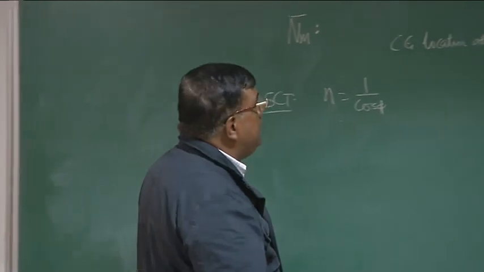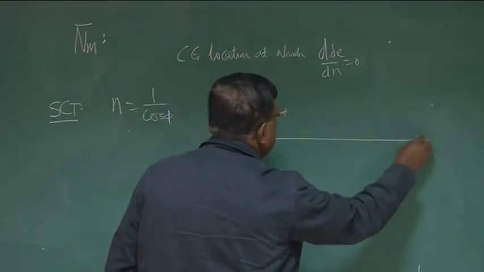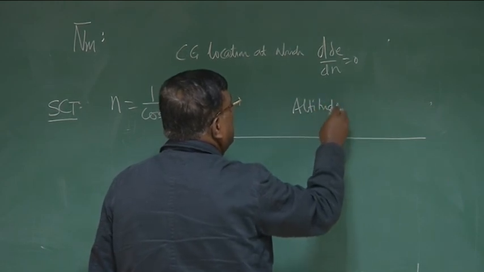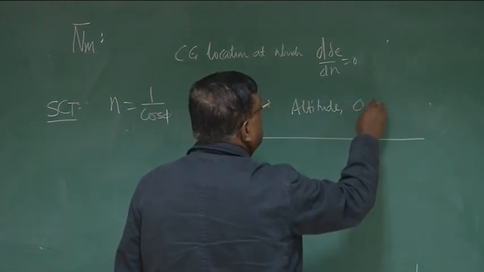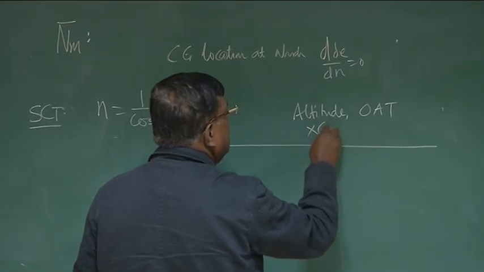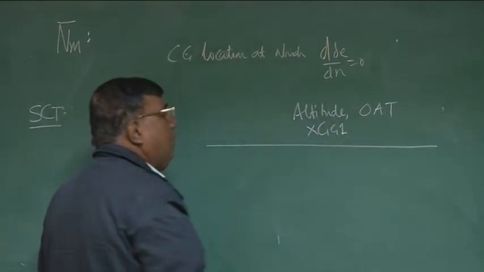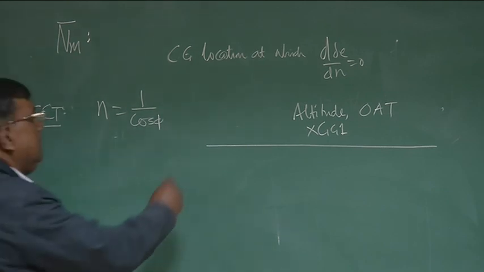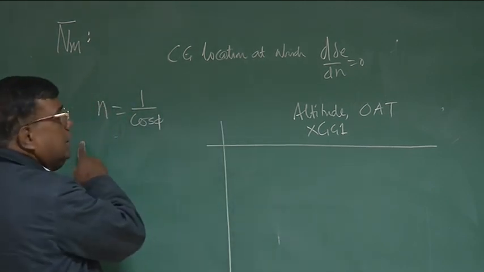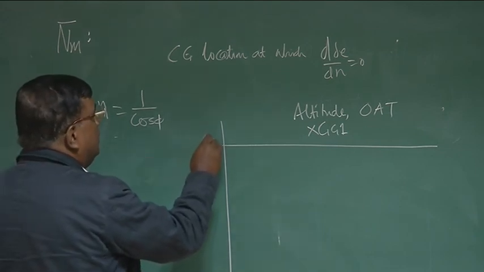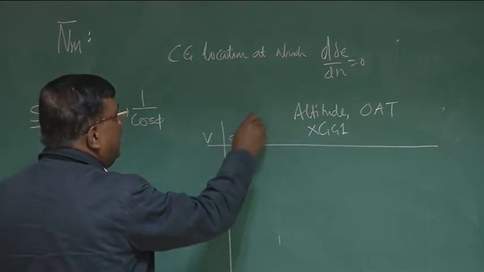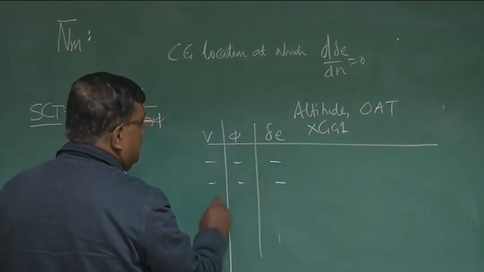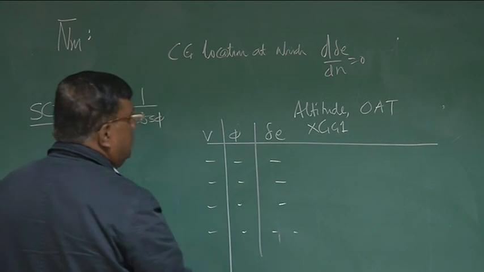So now how do I plan it? So what I do, again, I go for an altitude, right? Then I'll note outside air temperature, and then I take xCg1, and this is one group of people, they are going for one experiment. So they will go for a steady coordinated turn, and they'll note down what is the V, what is the phi, and what is the delta E. Right?